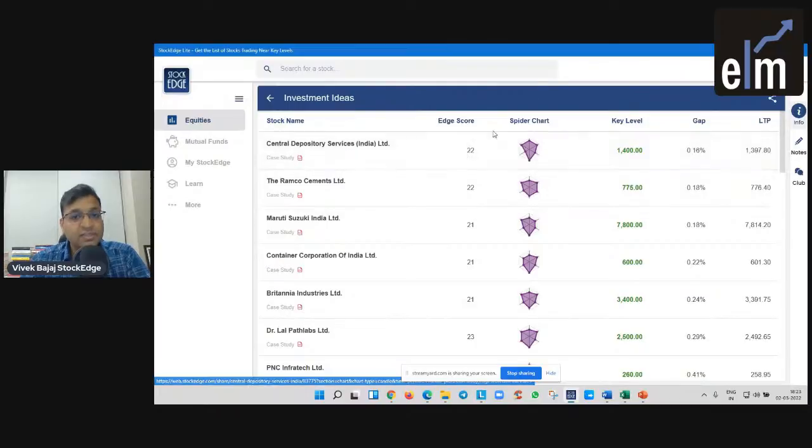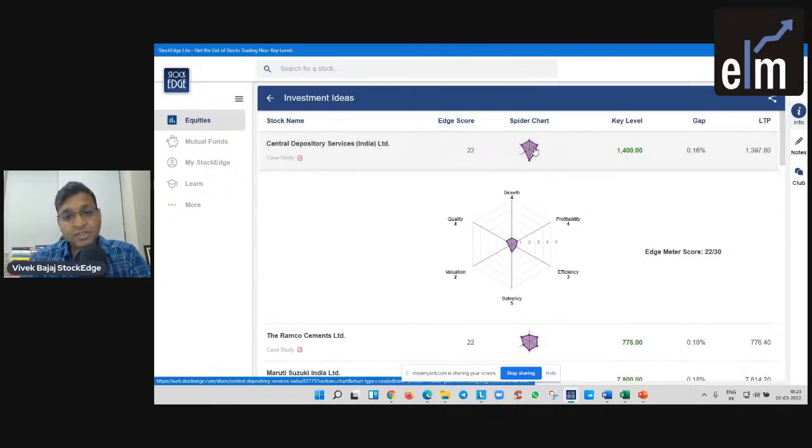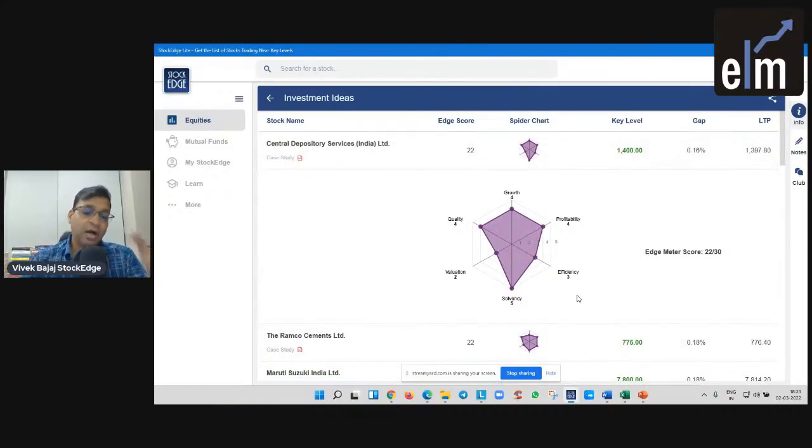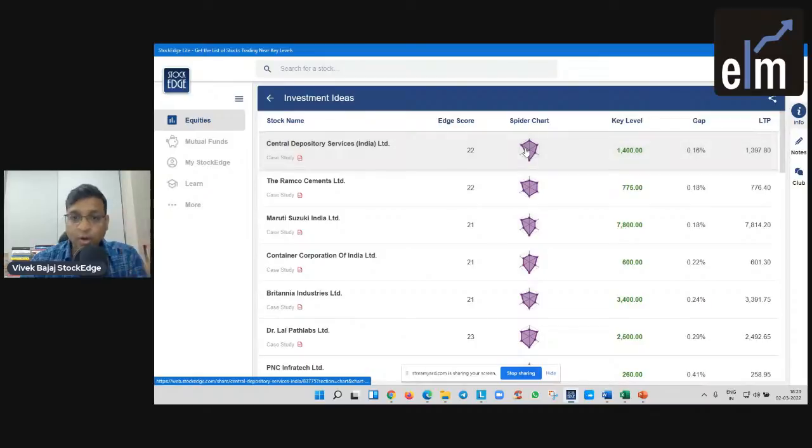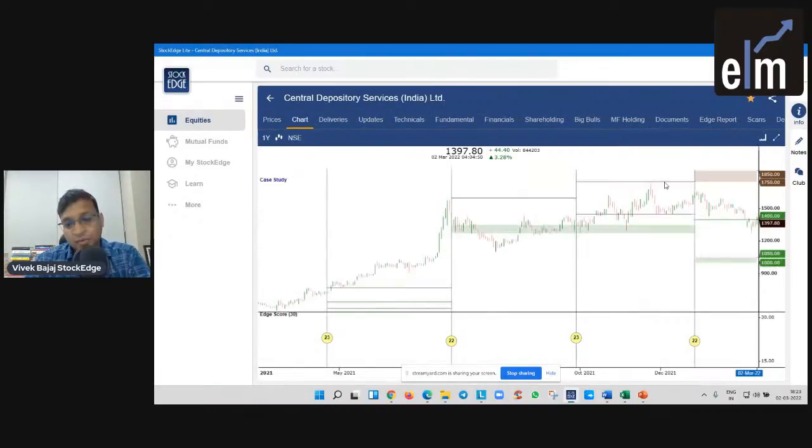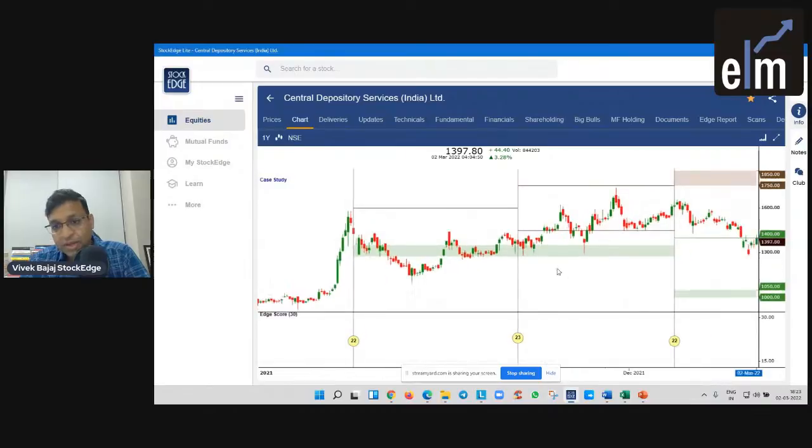So CDSL is 22 rated out of 30. And this is the spider chart which shows how the rating of these companies looks from the growth perspective, from profitability. But this is not my point, okay? My point is, here we also plot the demand zone and the supply zone. So in CDSL, if I click here, you'll get the graph where you will see a value which is a demand zone.